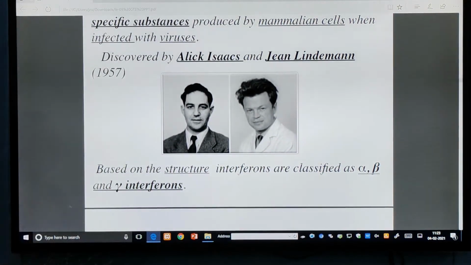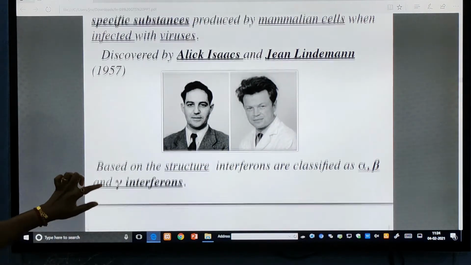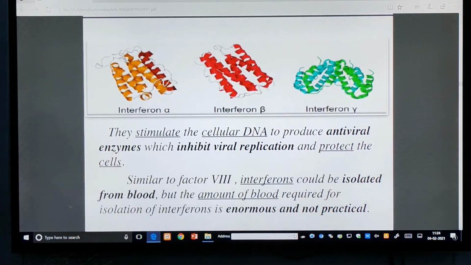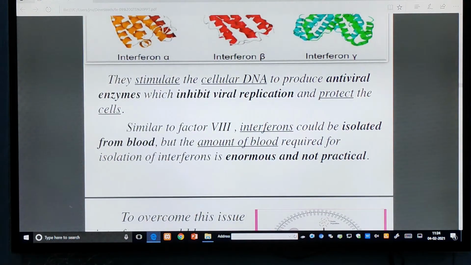Based on the structure, they classified interferons as alpha, beta and gamma interferons. You can see the picture here. So what is the purpose? They stimulate the cellular DNA, so the DNA present at the cellular level is stimulated to produce antiviral enzymes which inhibit viral replication.